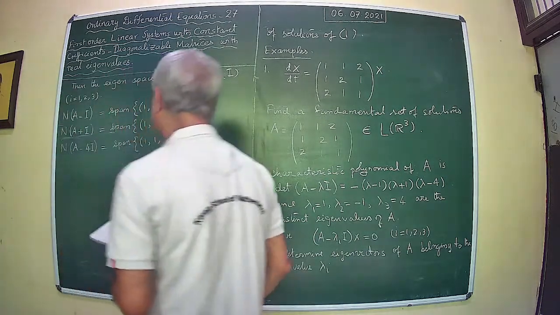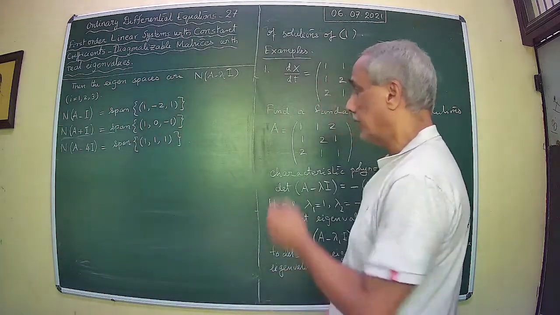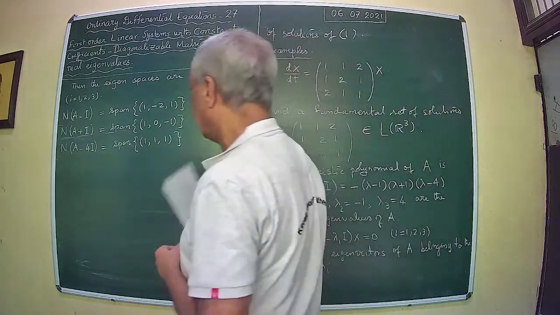So these are the three vectors that you have. This is your x1, x2 and x3.